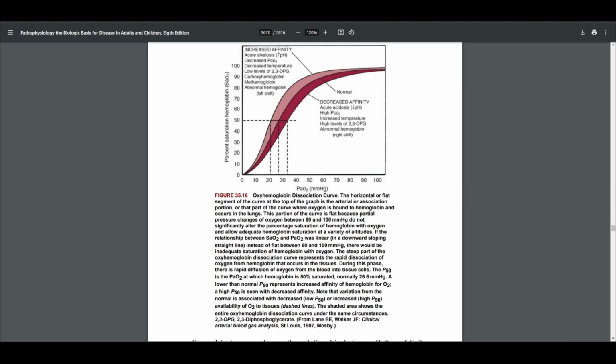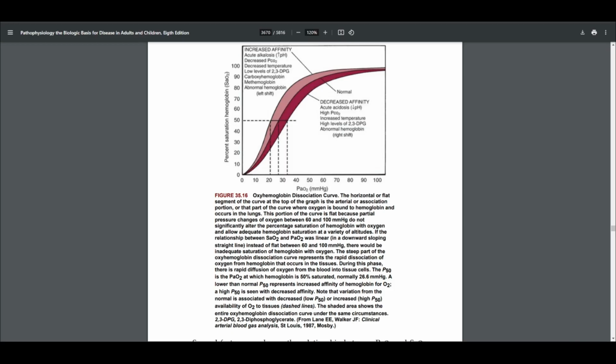Your oxyhemoglobin dissociation curve, the horizontal or flat segment of the curve at the top of the graph, is the arterial or association portion, or that part of the curve where oxygen is bound to hemoglobin, and that usually occurs in the lungs. This portion of the curve is flat because partial pressure changes of oxygen between 60 and 100 millimeters of mercury do not significantly alter the percentage of saturation of hemoglobin with oxygen and allow adequate hemoglobin saturation at a variety of altitudes.